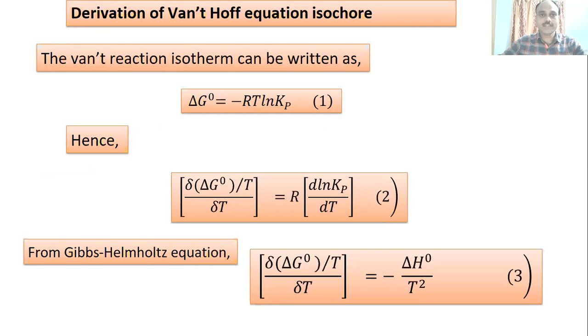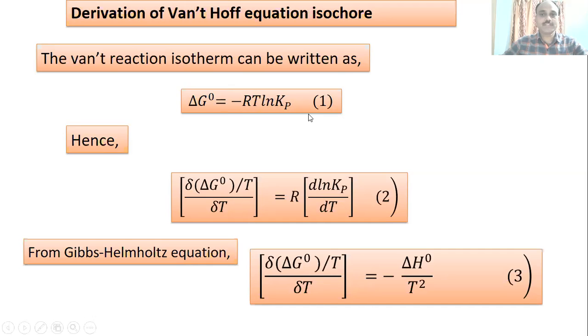The first one is the derivation of the Vant-Hoff equation isochore. As you have seen, from the Vant-Hoff reaction isotherm, the standard free energy change is equal to minus RT ln Kp.